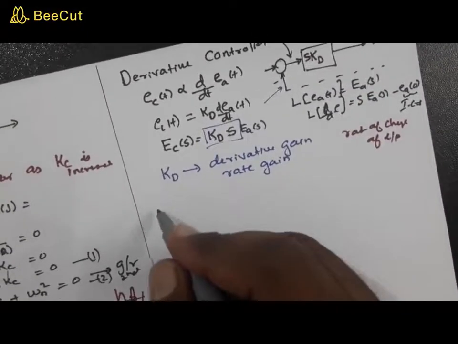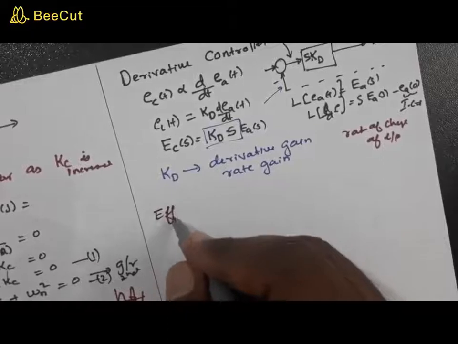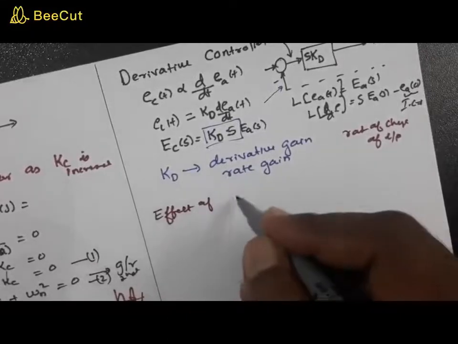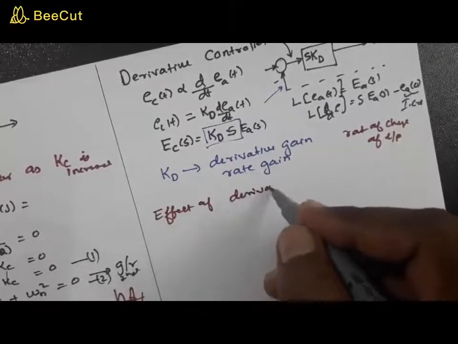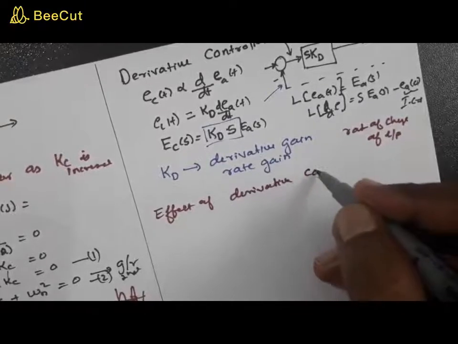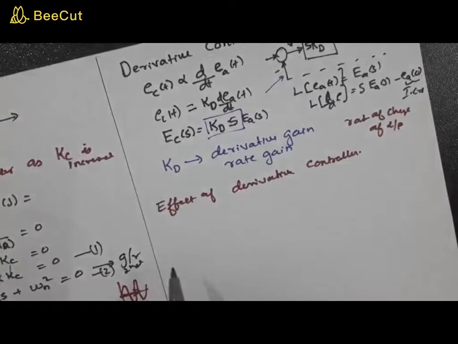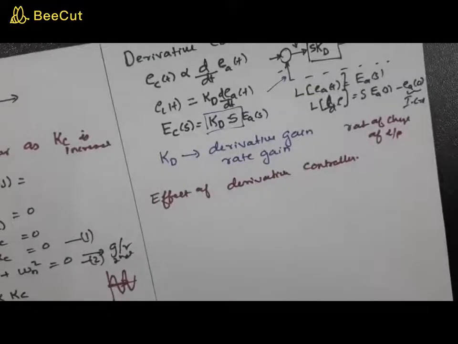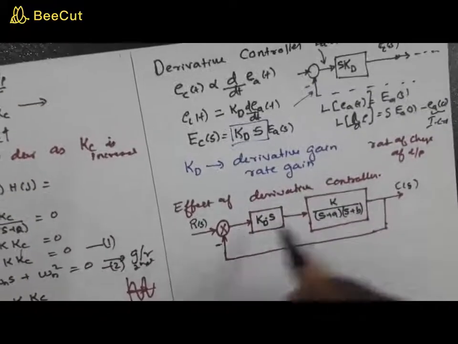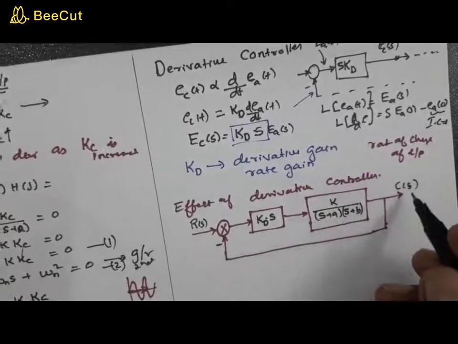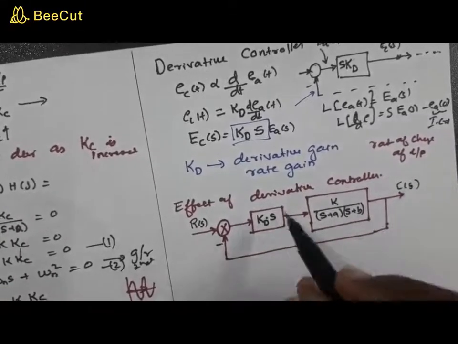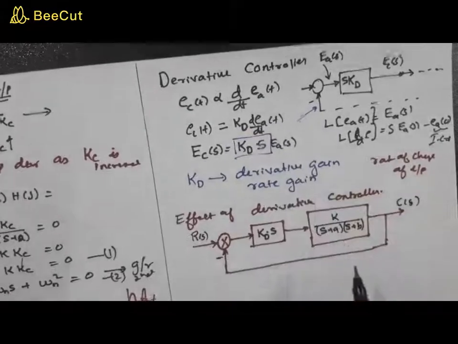Next, let us see the effect of a derivative controller. For that, we are considering a case. Consider the block diagram as shown in the figure. This block diagram shows the control due to the derivative controller.